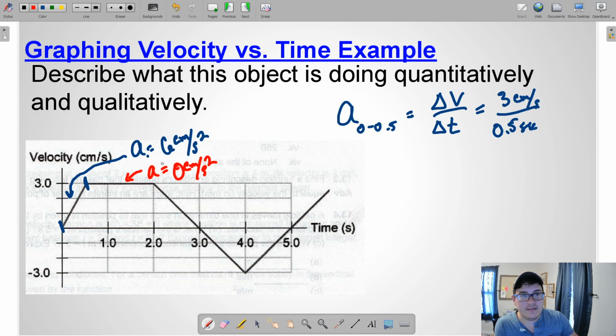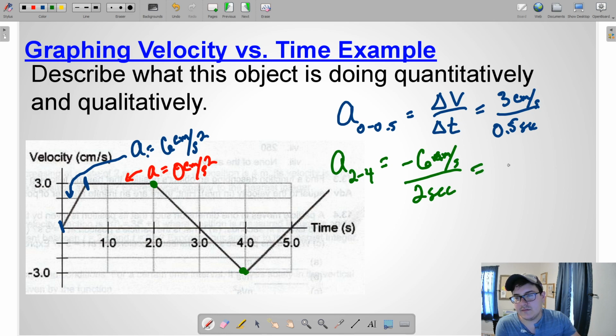Okay, and then let's move on to the next one. So acceleration for this 2-second interval to this 4-second interval, so 2 to 4, equals change in velocity, so that's from 3 to -3, so I went down 6 centimeters per second in 2 seconds.